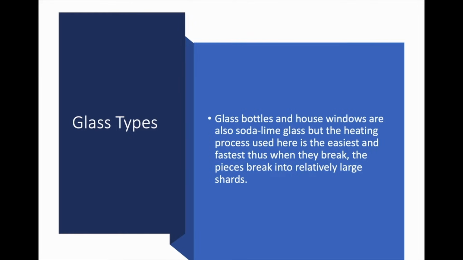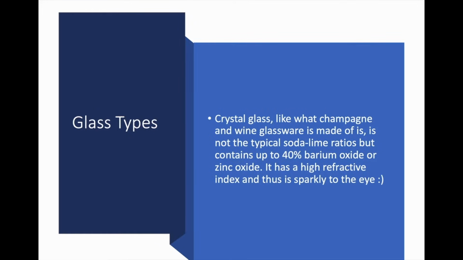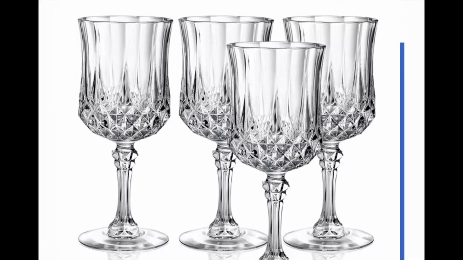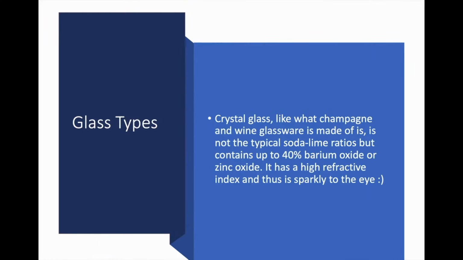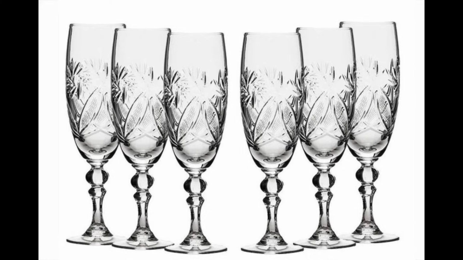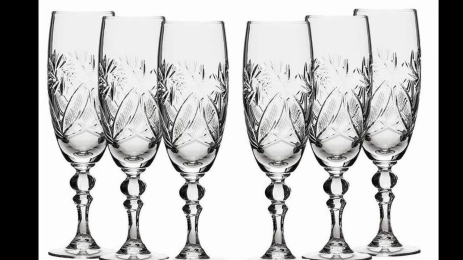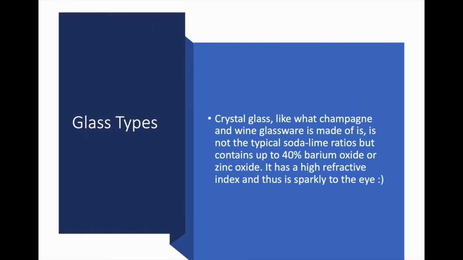in cars, in automobiles. And then you have crystal glass, like what you find in champagne glasses and wine glassware. Crystal glassware is the fine glassware that you find at fancy restaurants. It's not the typical soda lime ratios; it can contain up to 30 or 40% barium oxide or zinc oxide.